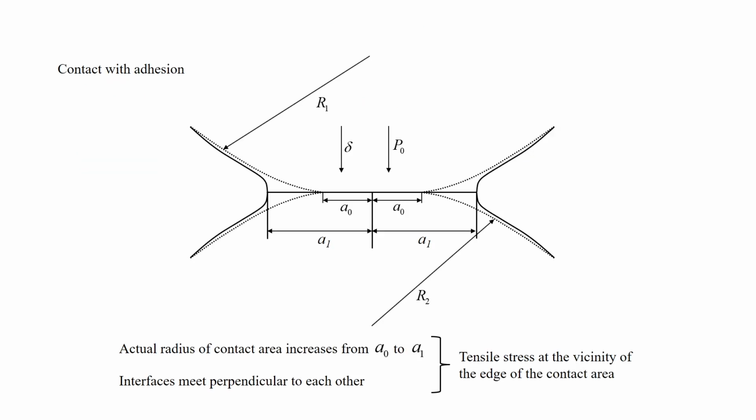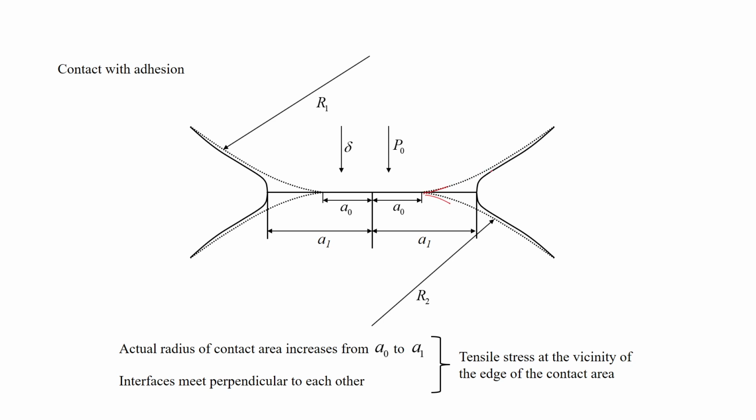However, the situation changes when we have interaction between them. When there is interaction, the pressure distribution changes because there is attraction between these two materials. Without adhesion, these two surfaces were making contact here like this.